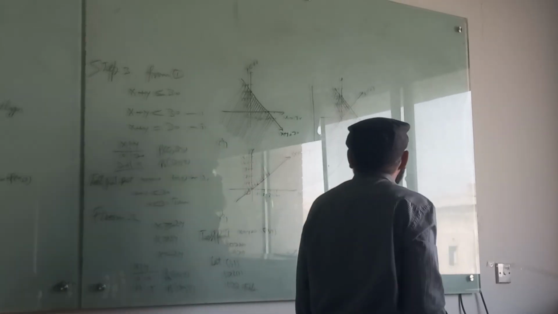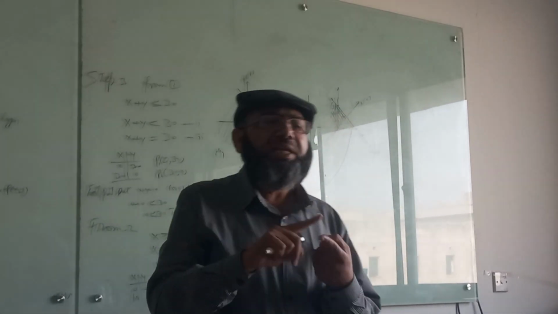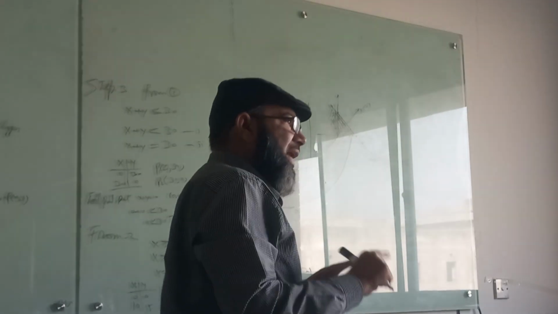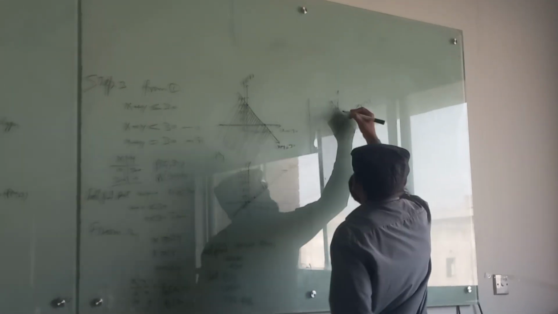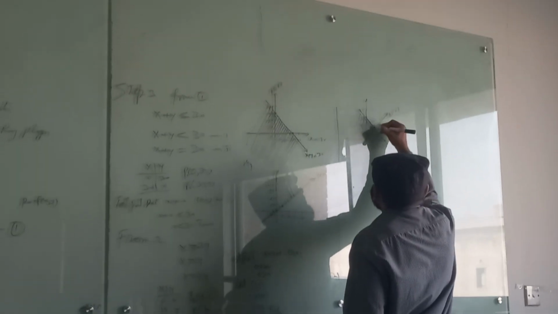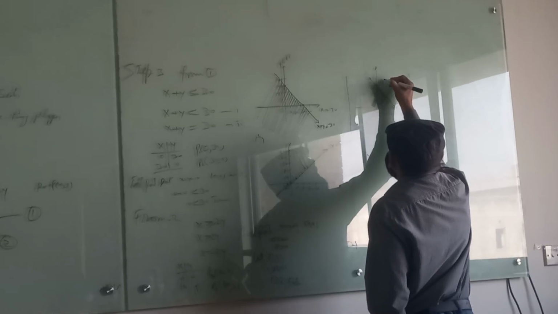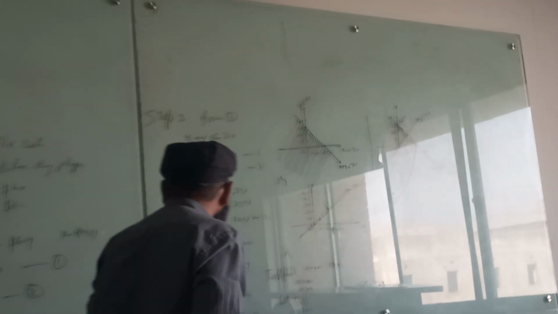Okay. So what are we doing here? Where two shades overlap, that is the area of the polygon. These are the points: point is 0, 30, point is 0, 0. How do we calculate this point? By solving these two equations.